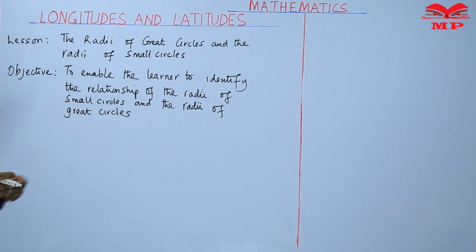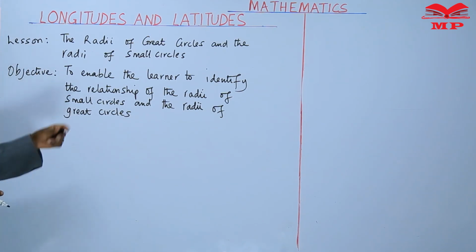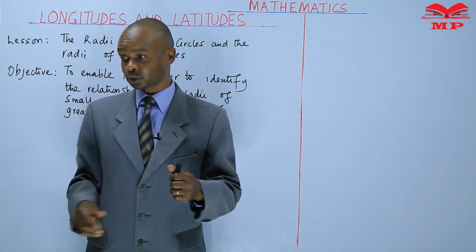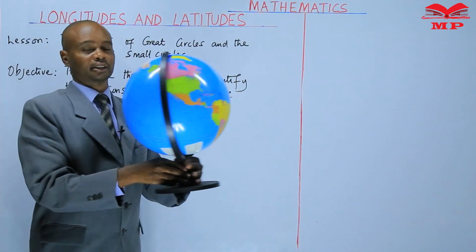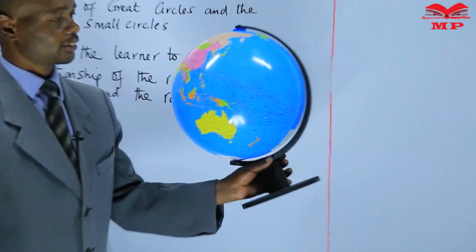So the objective is for the learner to identify the relationship of the radii of small circles and the radii of great circles.